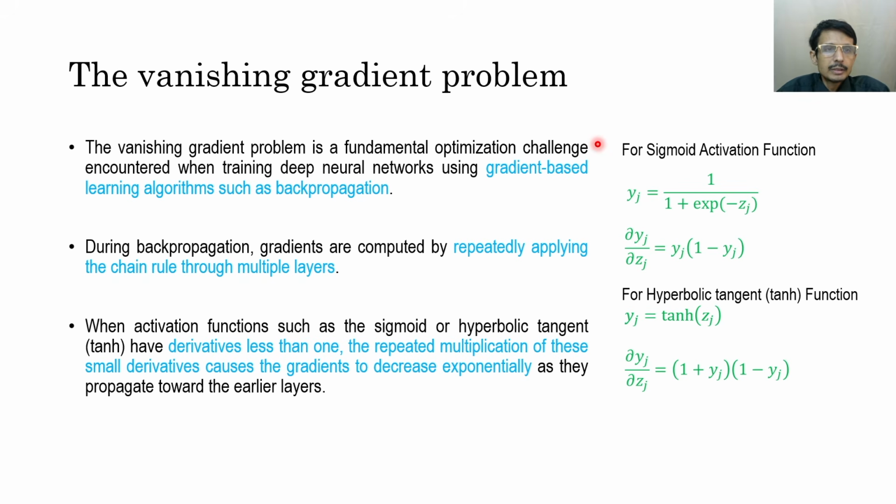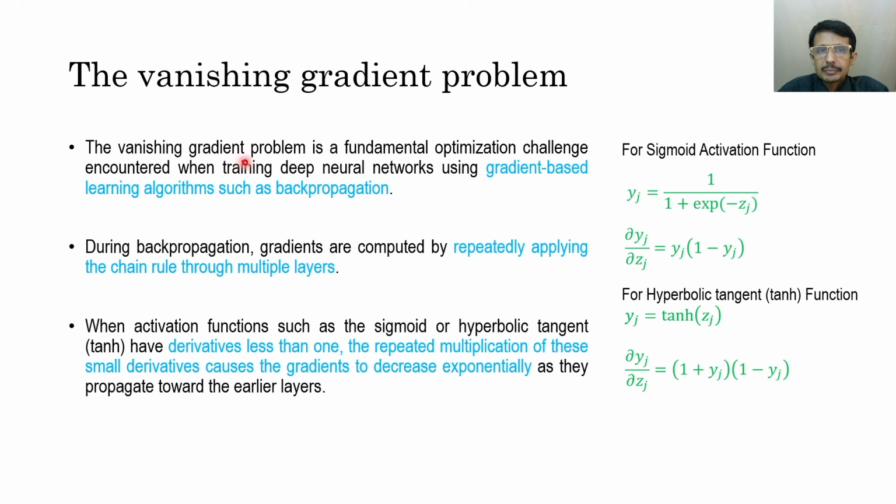What we have understood and observed in our previous discussion is that for a deeper neural network, the vanishing gradient problem is a major issue. So in this lecture, we try to understand what exactly the vanishing gradient problem is and how to handle it.